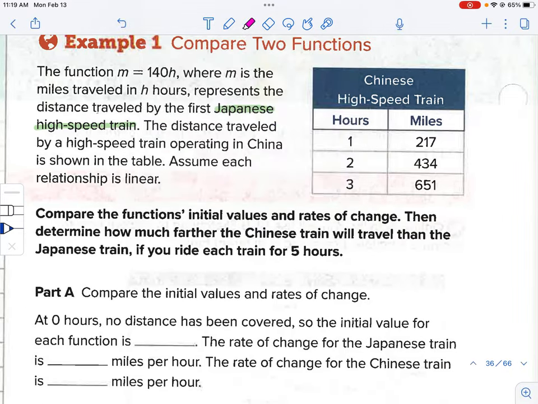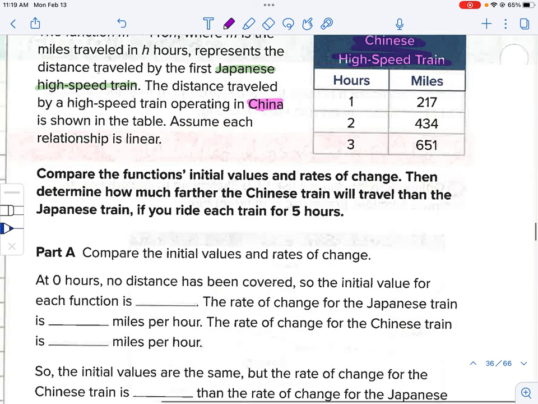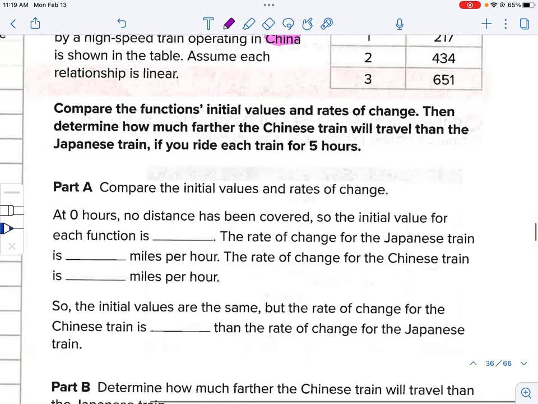Okay, so China is this table, the Chinese high-speed train. So we're going to compare the initial values and the rates of change, then determine how much farther the Chinese train will travel than the Japanese train if you ride each train for 5 hours. Okay. So it says, compare the initial values and the rates of change.